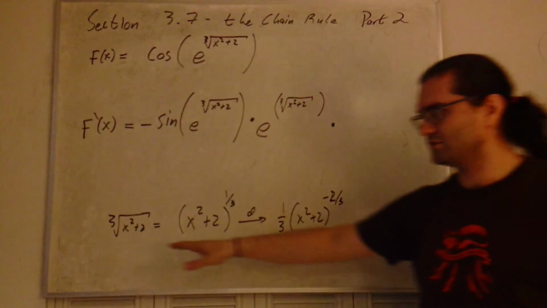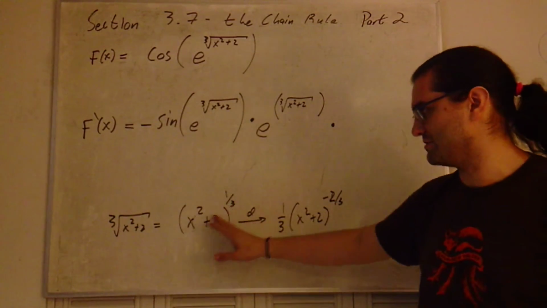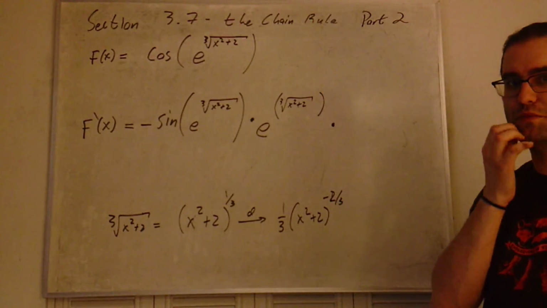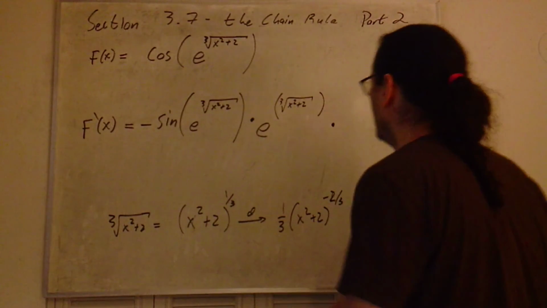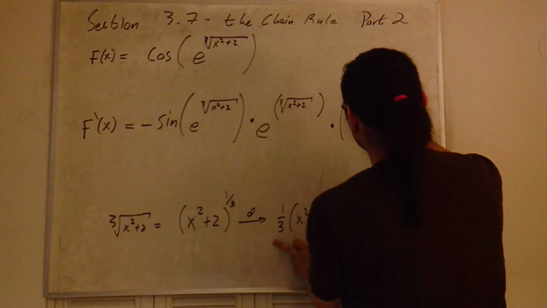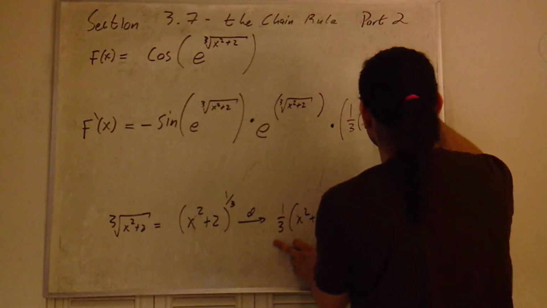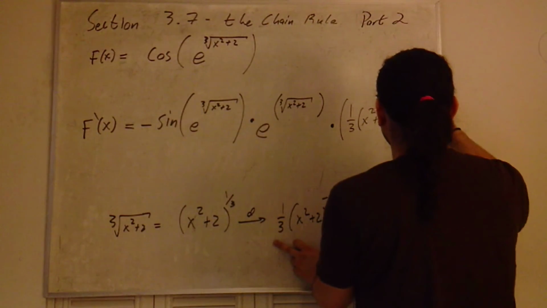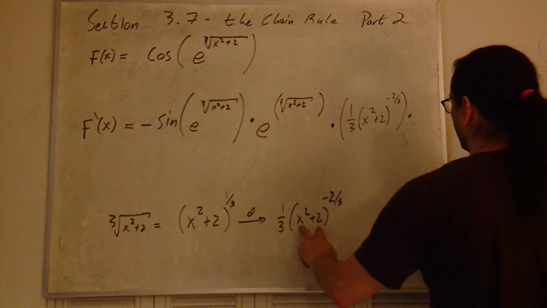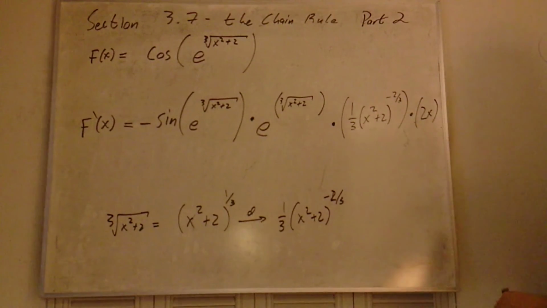So again, don't try to take derivatives of radicals, change them into fractions, and then take the derivative of the fraction using the power rule. It's much, much easier every time. So this is the derivative of the inside, so that's what comes next. 1/3 x squared plus 2 to the negative 2/3. Now I have to multiply that by the derivative of what's inside here. The derivative of that is 2x. And now I'm done.